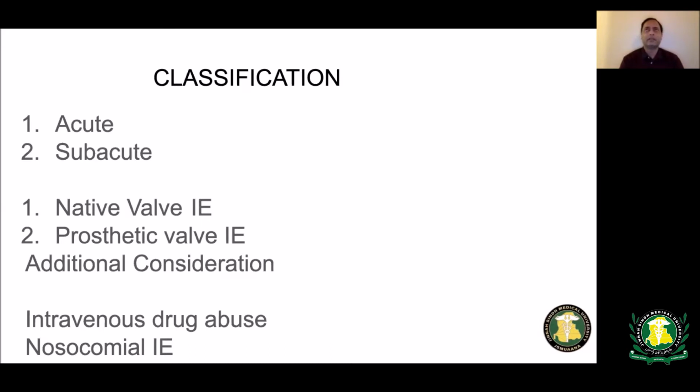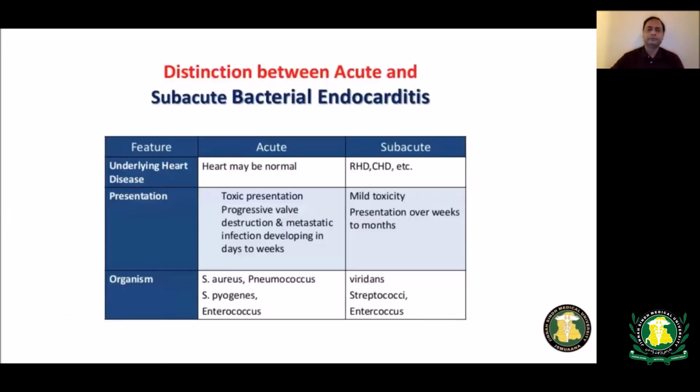And the reason is that the overall prognosis and the treatment strategy are different between the two types of infective endocarditis, involving native valve and prosthetic valve. Sometimes the patient comes with an acute presentation and starts to get very sick in the early part of the disease.